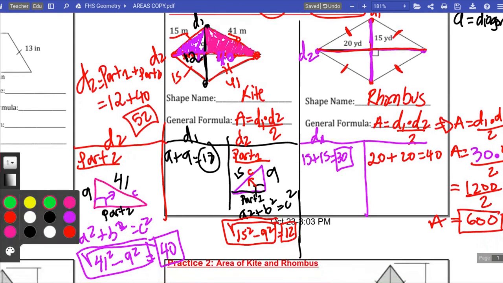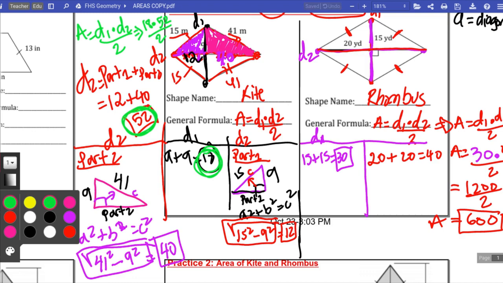The area was D1 times D2 divided by 2. So all you have to do now: what was D1? D1 was 18 right here. 18 times D2, which is found right here, 52, divided by 2.